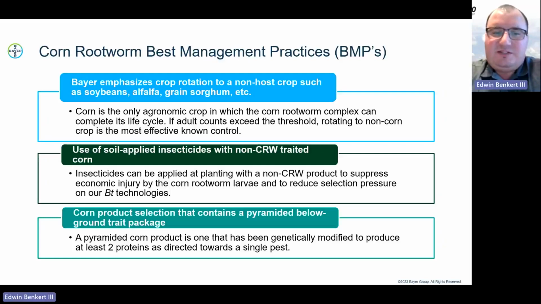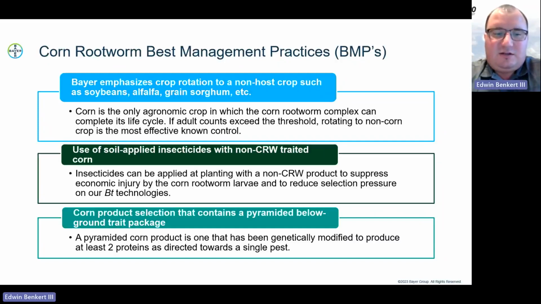Another way is to use soil applied insecticides with a non-corn rootworm traited product. So the soil applied insecticides will provide some yield protection and standability, but we're also going to be allowing susceptible beetles to emerge from the non-corn rootworm traited product to mate with any resistant beetles, if that is a concern within that field.